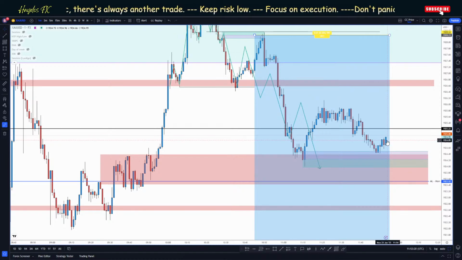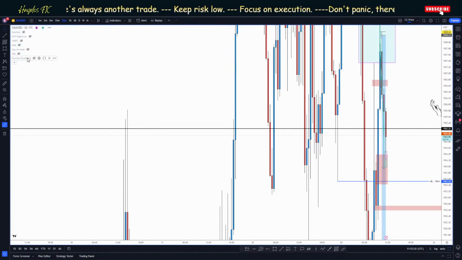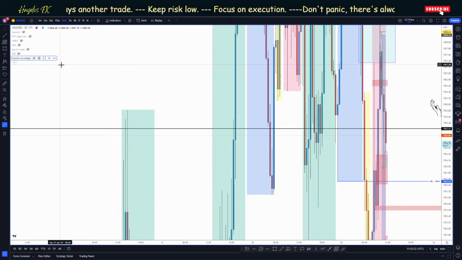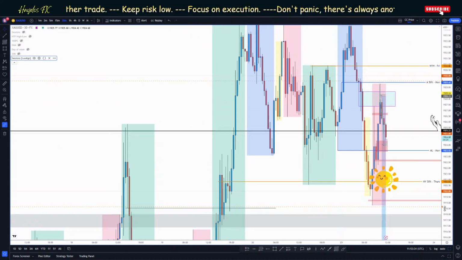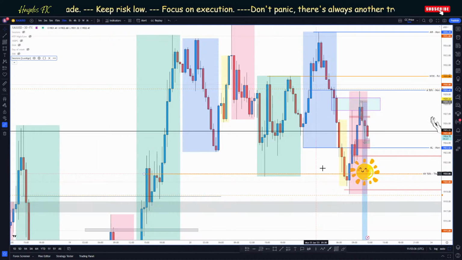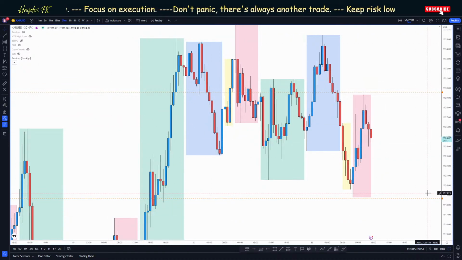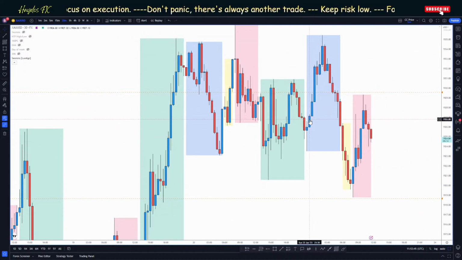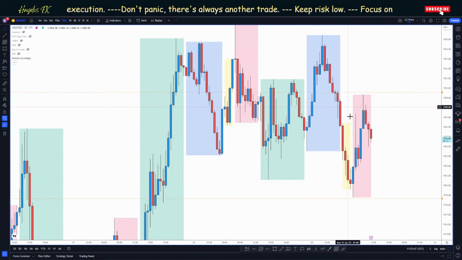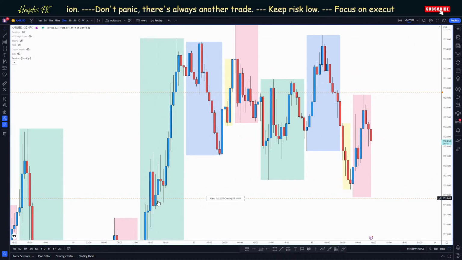Yeah. So let's have a look at these sessions and recalibrate what we're looking at. Reevaluate. Yeah, that'll do. So Asian session spiked up, grabbed liquidity, pushed down, offloaded liquidity into this.